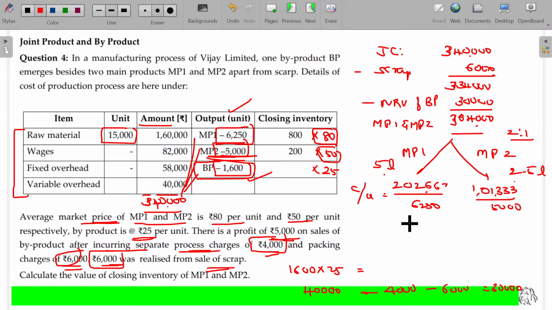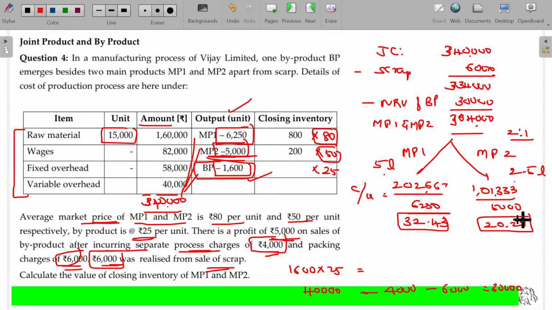What is the cost per unit? 32.4, you can give me 2 digits, 32.43. Next one: 1,01,333 by 5,000, that is 20.27.